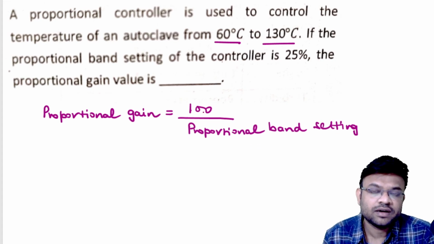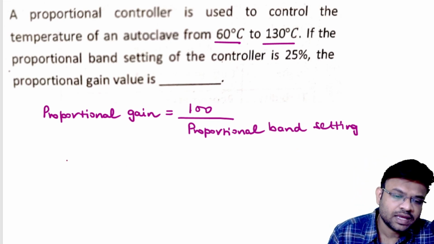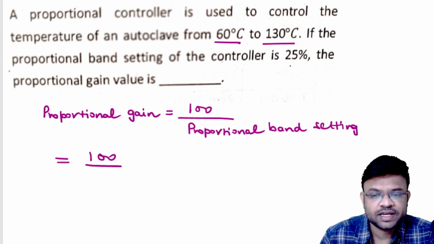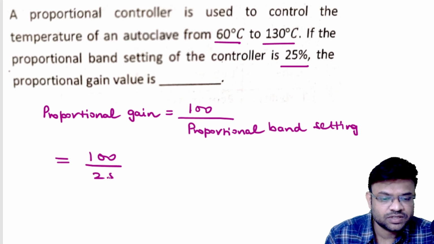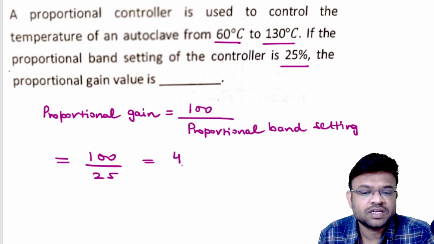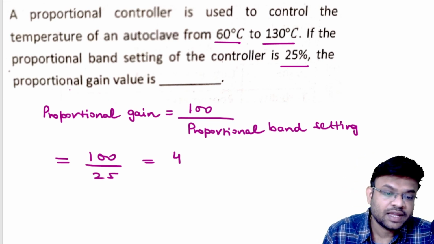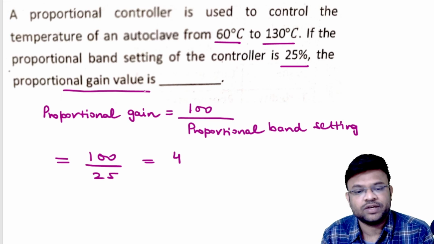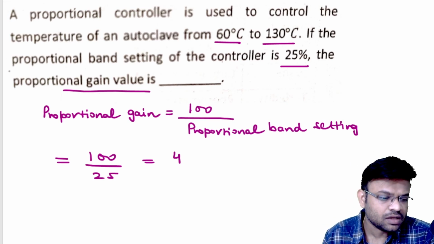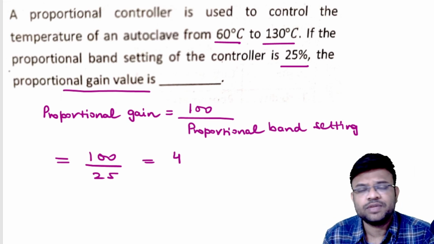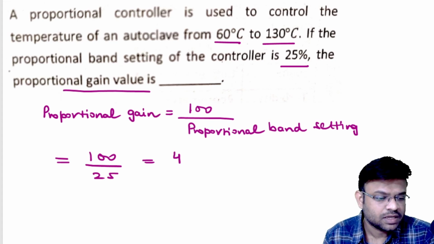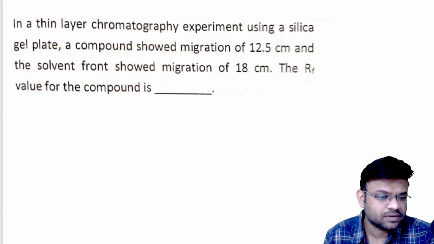So proportional gain is 100 upon the proportional band setting, which has been given to us as 25, so you divide 100 by 25, and this comes out to be 4. So this is the final proportional gain value, and 4 is the answer. This was a simple question coming from the instrumentation process. Now let us move on to the next question.